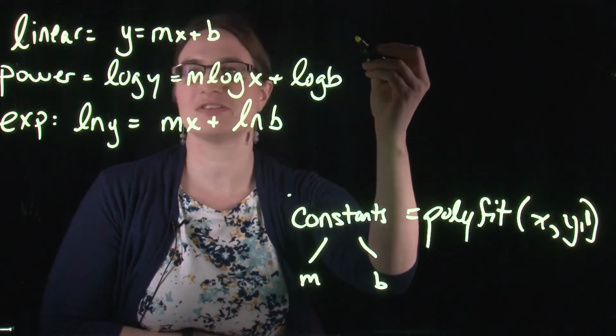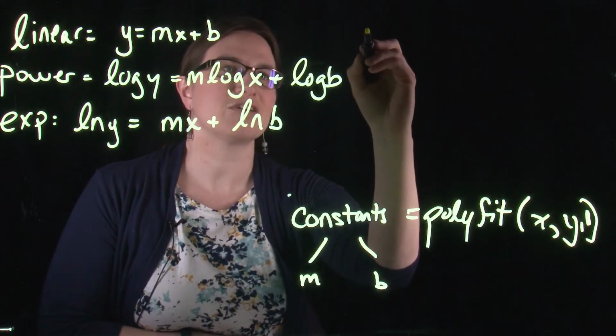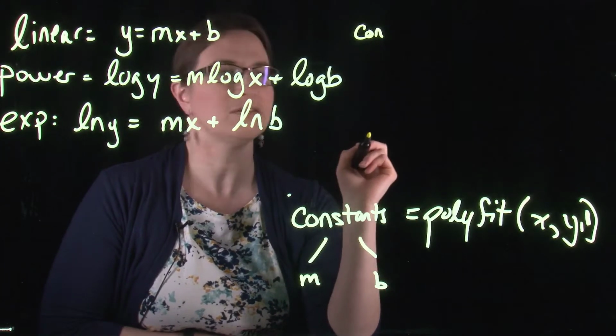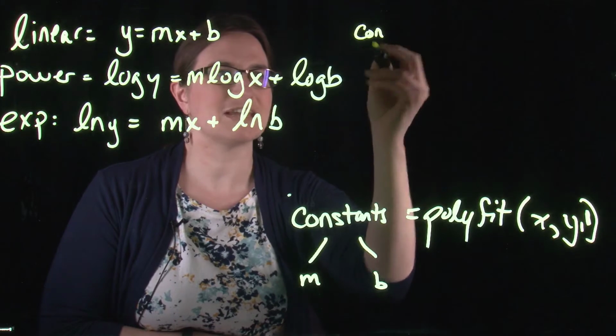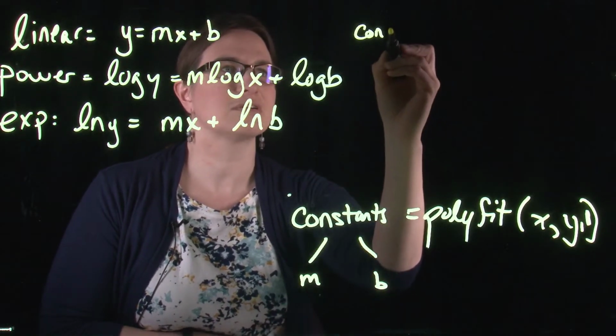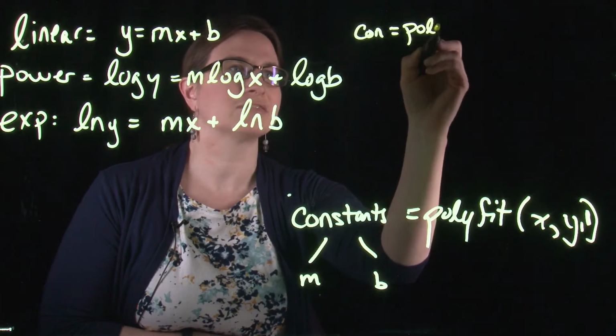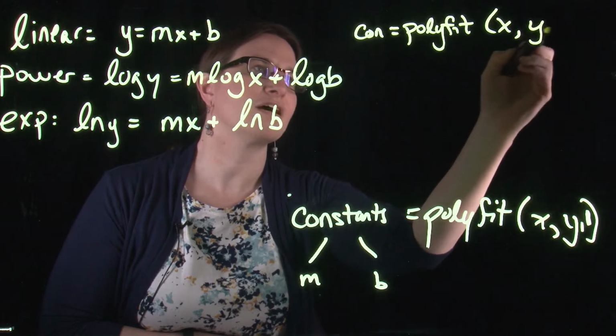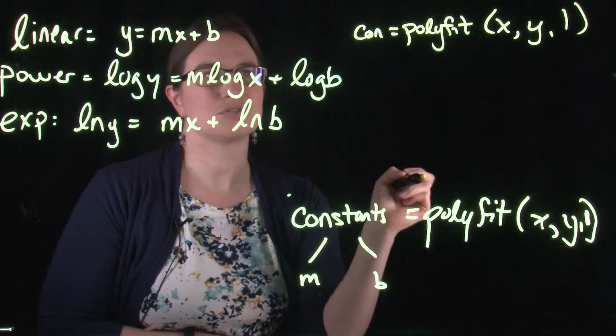Okay, so if we were going to put this into MATLAB, we would just have our constants, okay, which I'm just going to use as a variable con. Okay, but this is a vector with 2 variables, which is our m and b values. Okay, equals polyfit x, y, and first order.